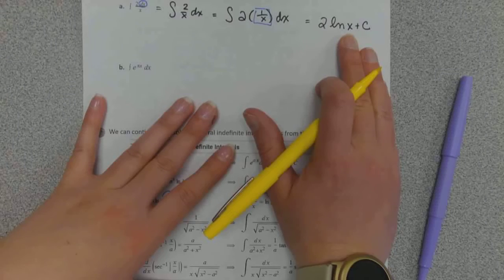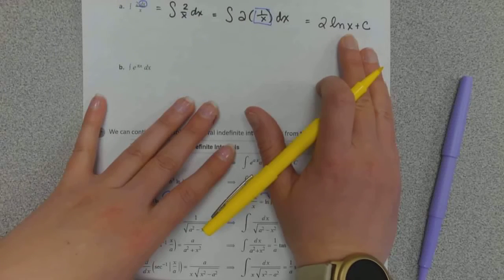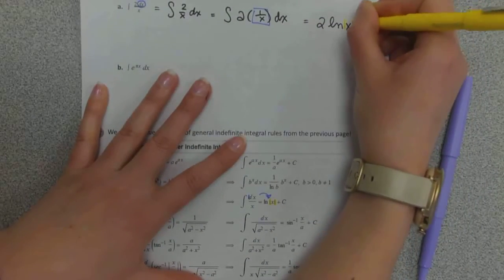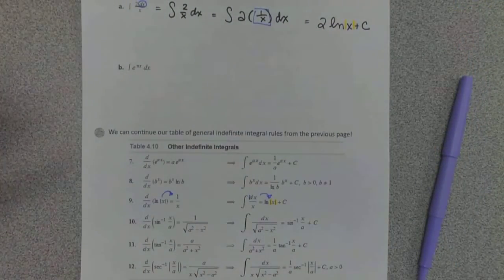I meant them to be there, but I'm also just assuming that I'm working on positive x's. We don't often write them just for shorthand, but we know we're not going to plug a negative into that. Technically it's supposed to be there, and it's lazy of us not to write them, but we're lazy anyway, so we don't always write them. But they're technically really supposed to be there.